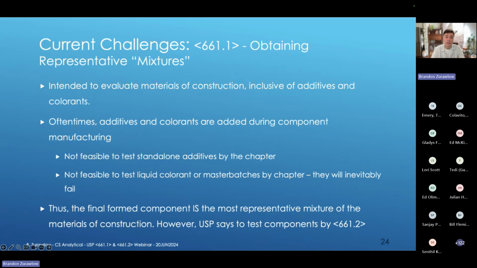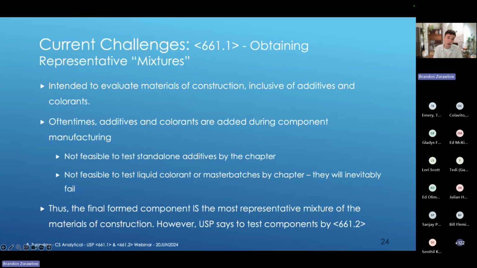And in this case, it's not really feasible to test additives or colorant or master batches alone. They're inevitably going to fail. And so what we wind up in is a situation in that oftentimes the final formed component, let's say that 30 cc HDPE bottle example that we've been using, that often winds up being the most representative form of that mixture of materials of construction.